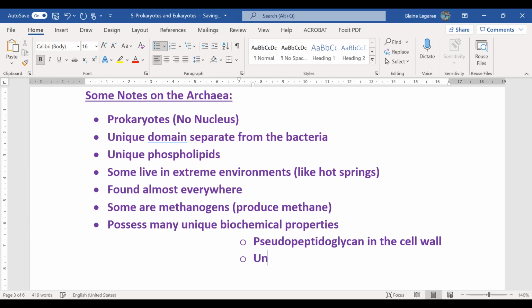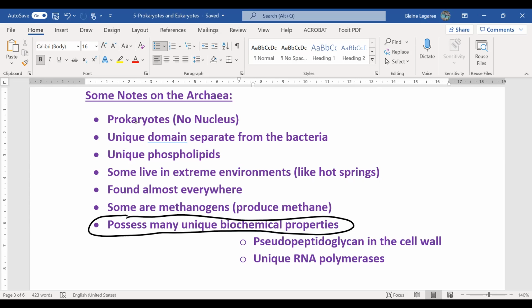They have unique RNA polymerases. We could go on in terms of the biochemical things. And if you don't know anything about RNA polymerases, it's not going to make much sense to you. So this is really the key point, right? They possess many unique biochemical properties, things that are not found in the eukaryotes or in the other bacteria. So that's one of the big things I'm going to say about the Archaea.